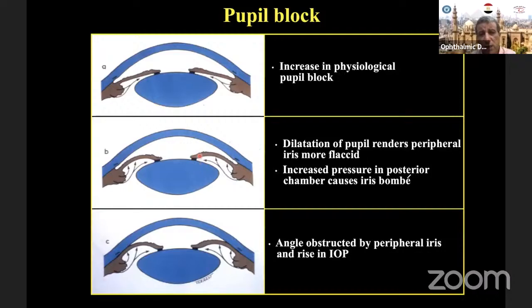The iris is pushed anteriorly and occludes the entrance to the angle, obstructing the way of the aqueous from the peripheral iris into the anterior chamber angle, with a consequent rise in the intraocular pressure.